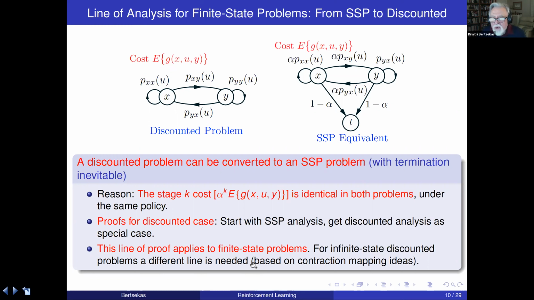And this involves contraction mapping ideas. The idea that the Bellman equation operator is a contraction mapping from a function space into a function space, the function space of cost functions into the same cost function space.